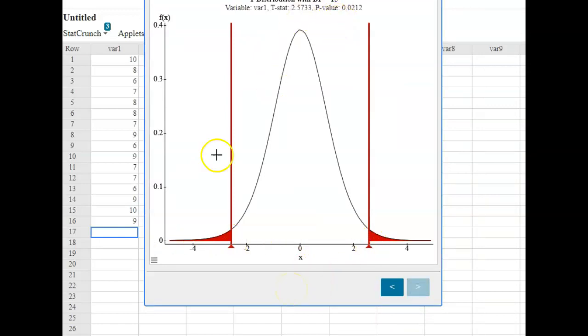The p-value of 0.0212 is the probability in these tails right here. The t-stat, 2.5733, means that you are about 2.6 standard deviations from the mean on one side and on the other. And the p-value is the combined probability in these tails.